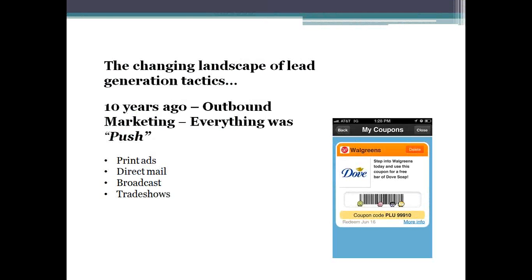The complexity of turning leads into customers has always been a difficult task from a marketing perspective. Up to 10 years ago, we worked on what was called the push method.